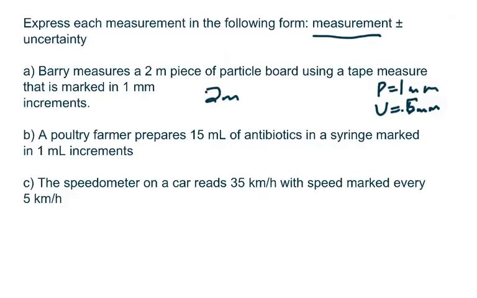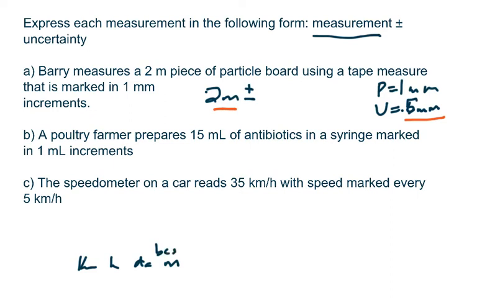Now that makes me think here. Oh yeah, we did that. So now the problem is if you notice, he measured it in meters and our uncertainty is in millimeters. So we've got to get them to be the same unit. So I'm going to say plus or minus, and using our old scale from grade 9, 10, 11, where you had your kilometers, hectos, your decas, your meters, right?